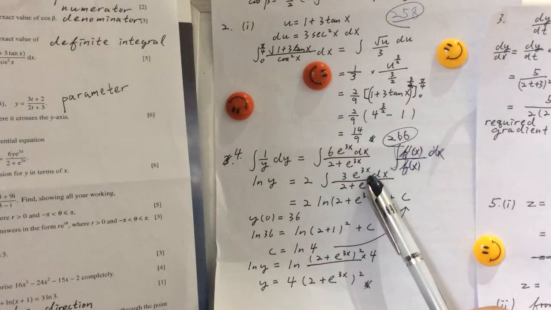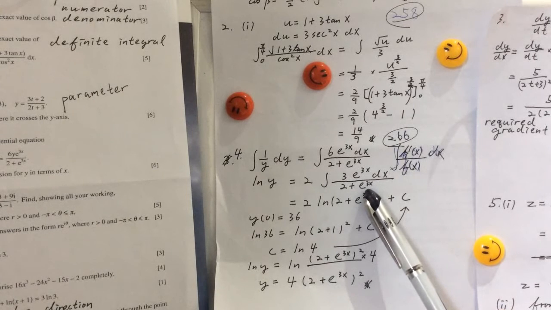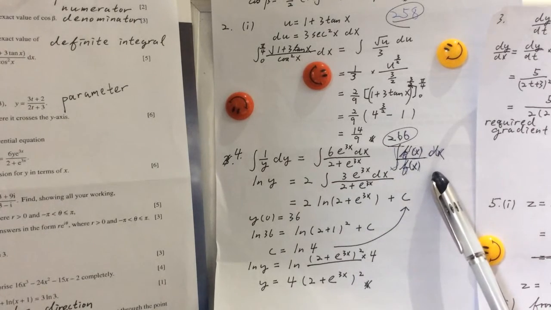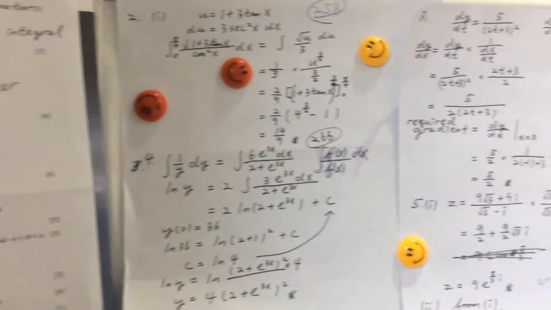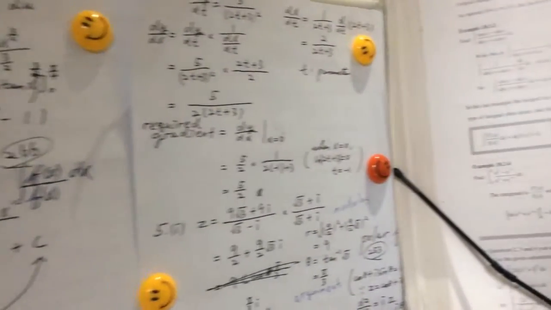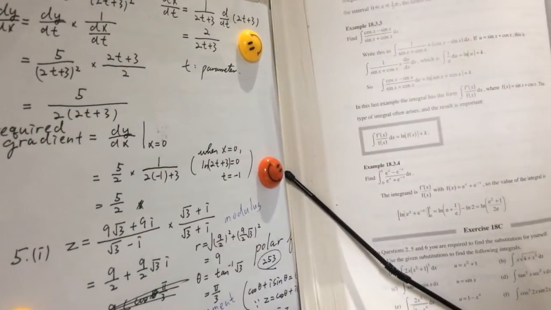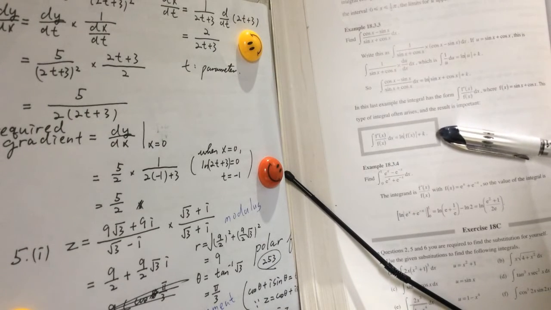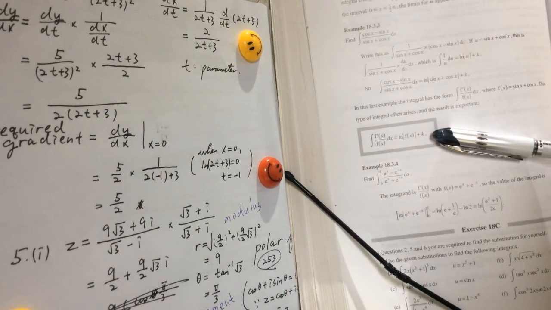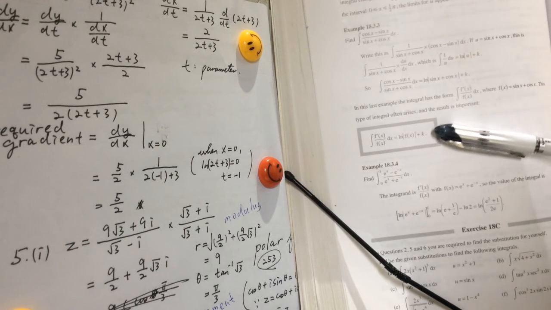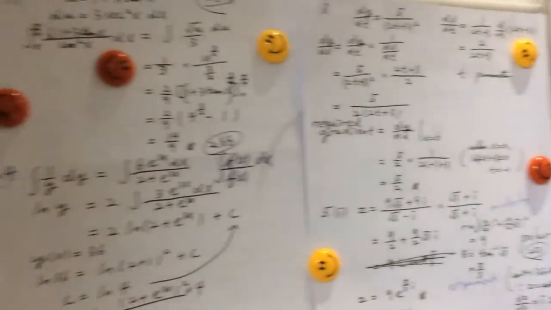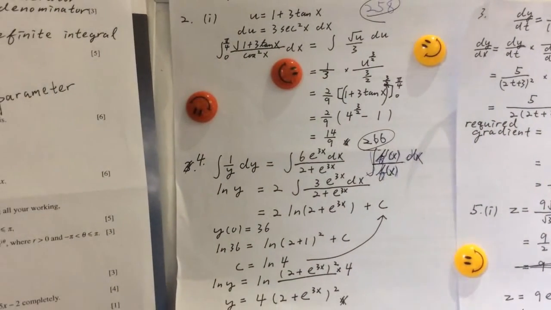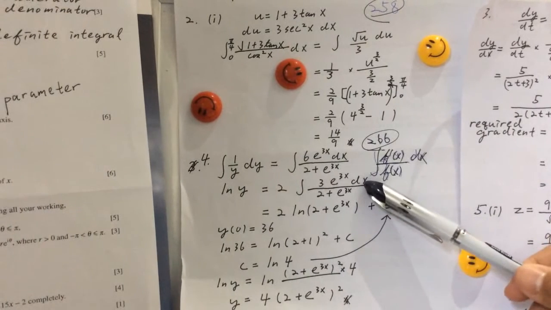The numerator is the first derivative of the denominator. Then the integral looks like this form, just like on page 266. We have this theorem. Okay? Then we're able to solve the integral.